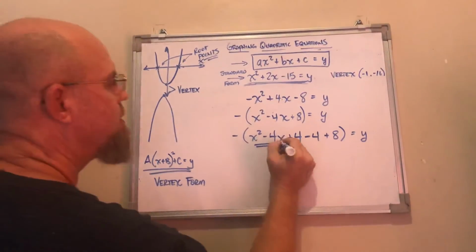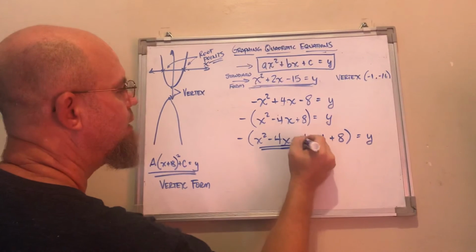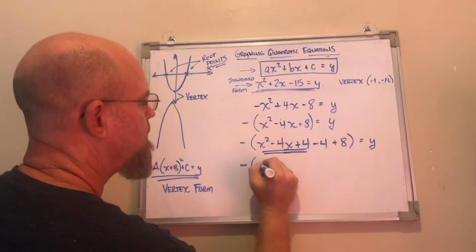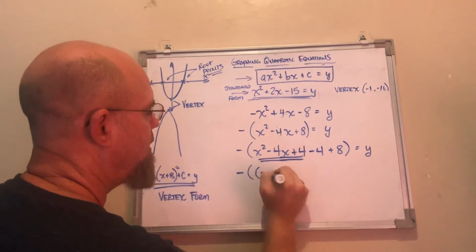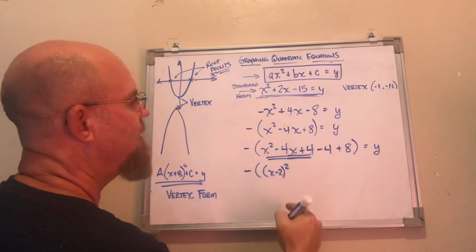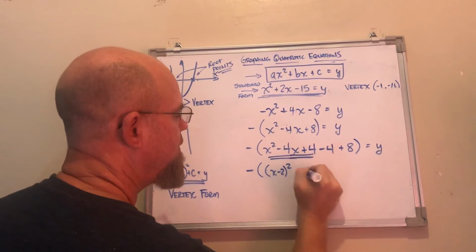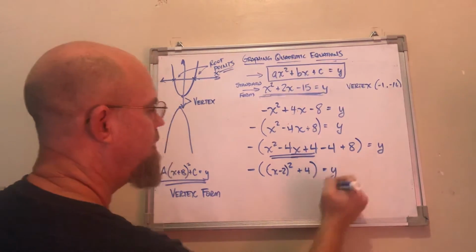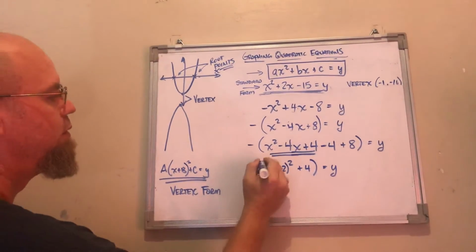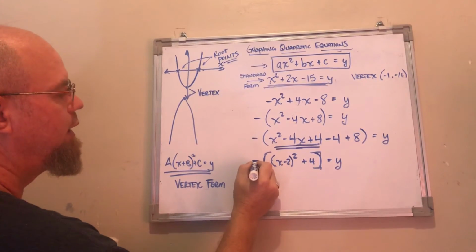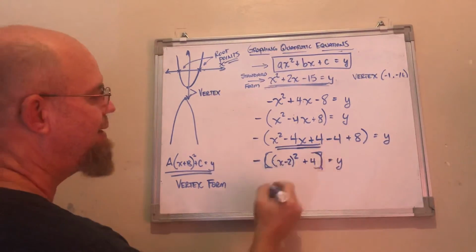All right? So now we look at this guy right here. We've got negative x minus 2 squared, right? And then negative 4 plus 8 is positive 4 equals y. And then we have to distribute this negative back in here.